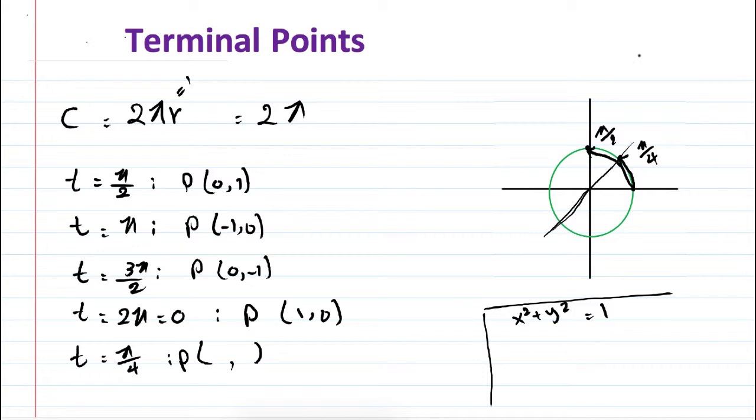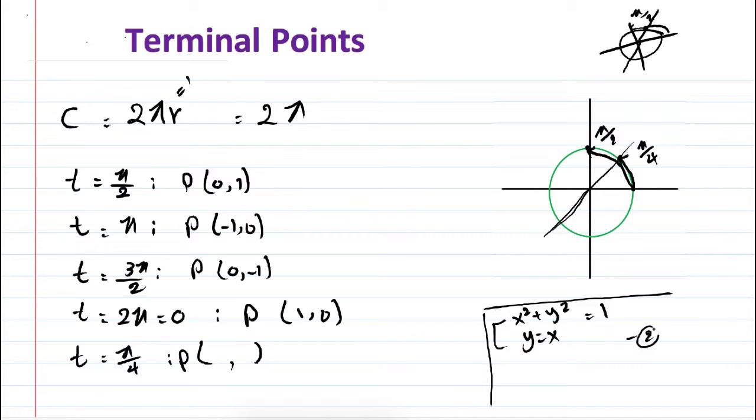Imagine we have a unit circle. This quarter right here, from here to here, is pi over 2. Halfway through will be pi over 4, and halfway through will be on the line that goes halfway through here. That line is y equaling x. So we have two equations right here.